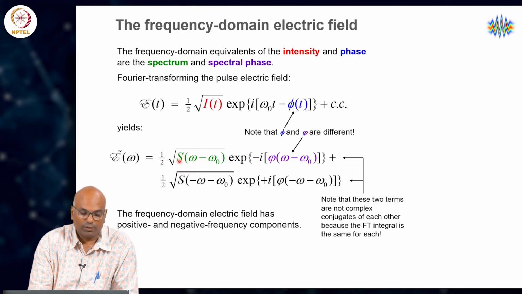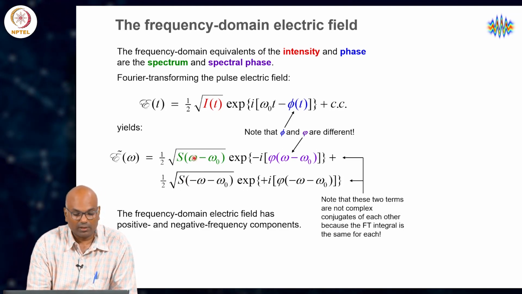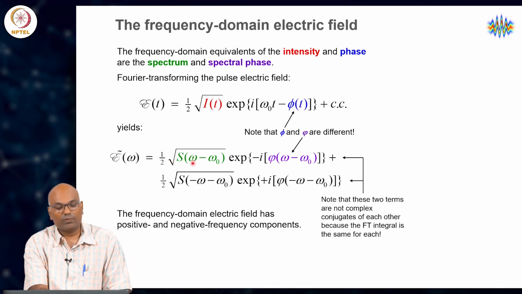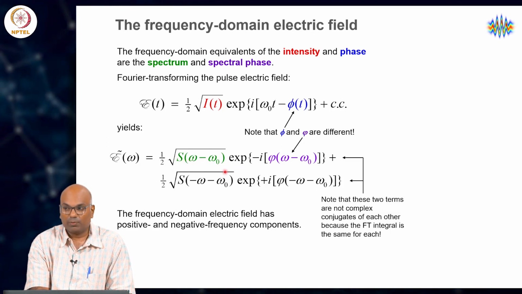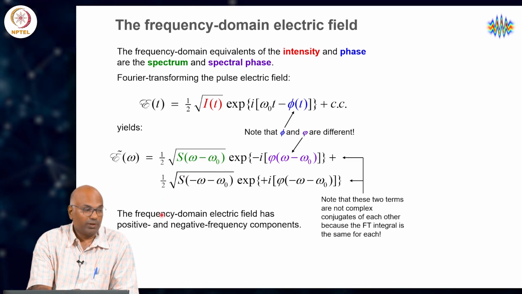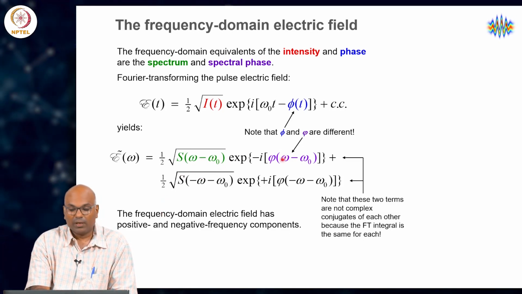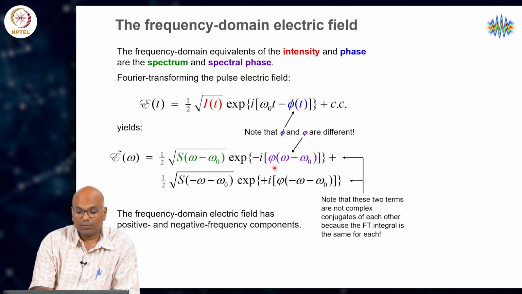The spectrum is the spectral intensity, it is the analog of the temporal intensity or intensity in the time domain, and the square root of the function S essentially governs the spectral envelope or spectral amplitude of this frequency domain description of this pulse. Likewise, in the argument to the complex exponential function, we have the spectral phase function phi of omega.